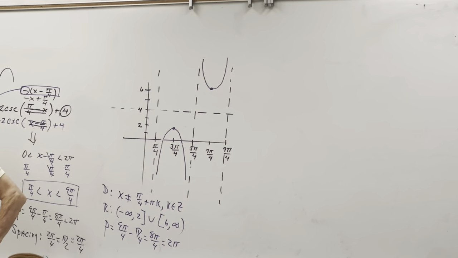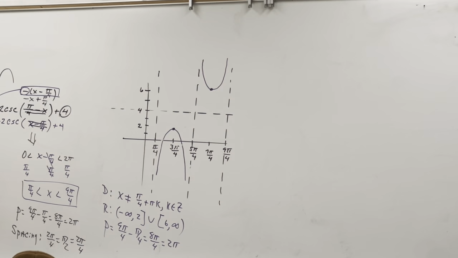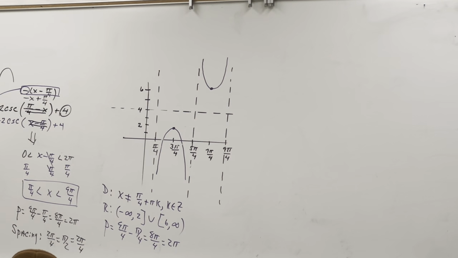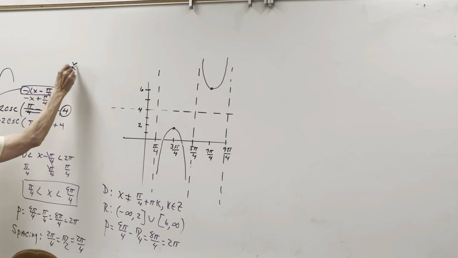I'd like to know at least what one of them is. You can set y equal to 0. That's where we find the x-intercept.